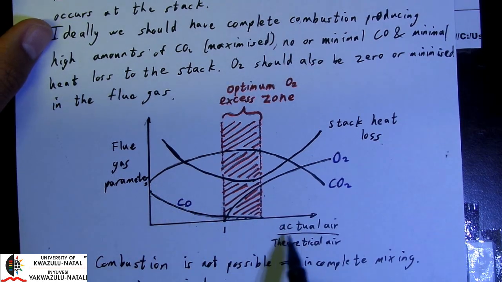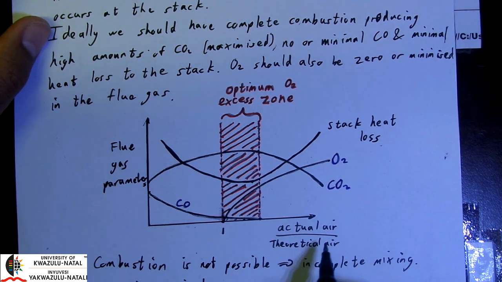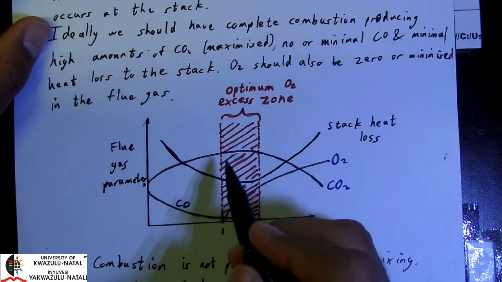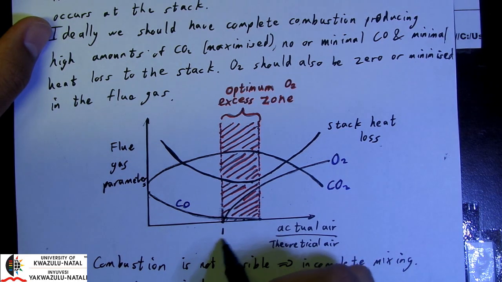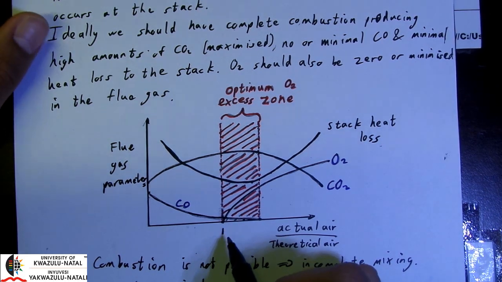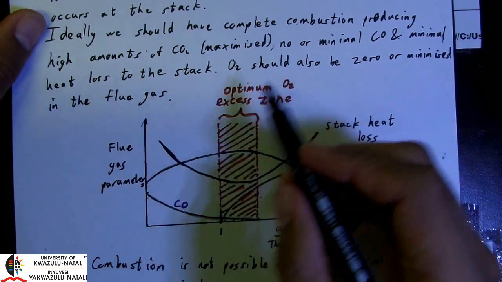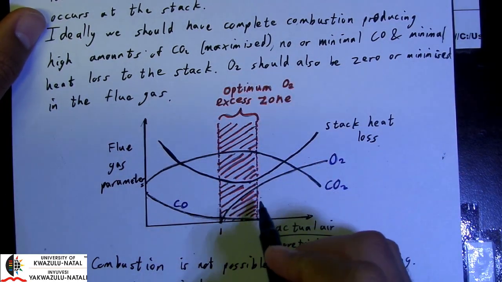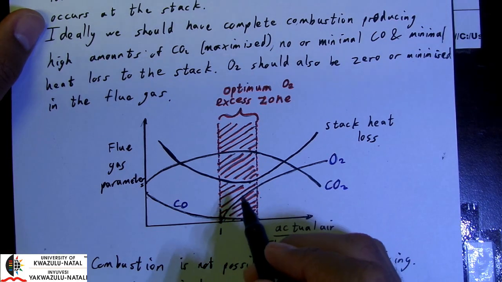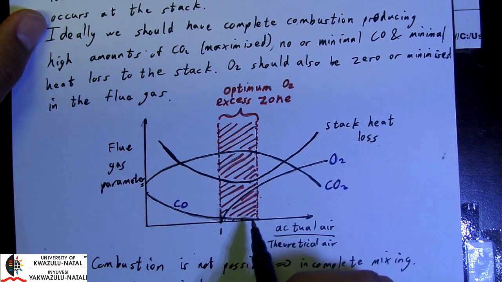Now, as we increase our actual air and bring it closer to theoretical air, we reach the following zone. Okay, so this is where our actual air is equal to our theoretical air, and we enter this zone here, which is the optimum oxygen excess zone.